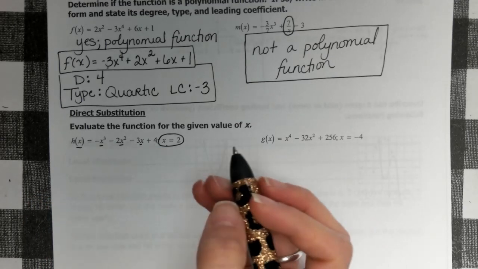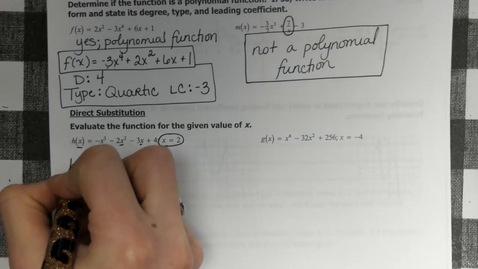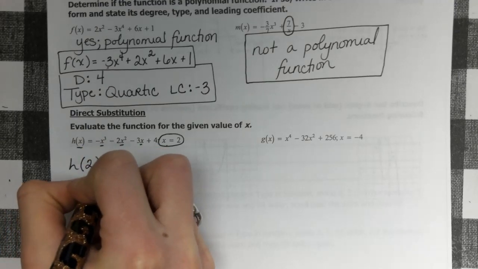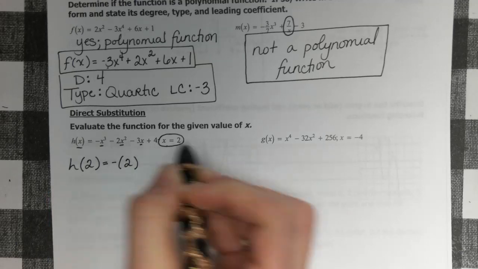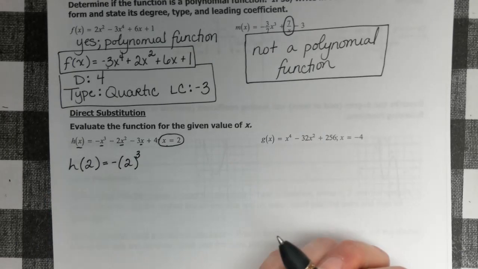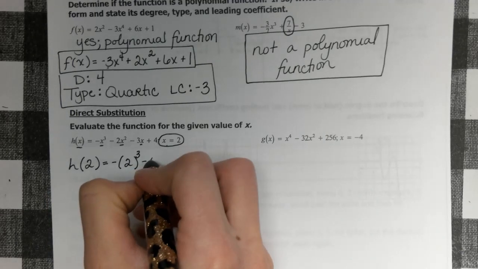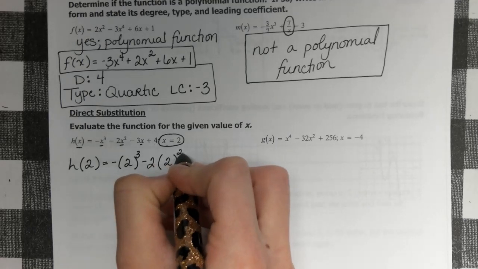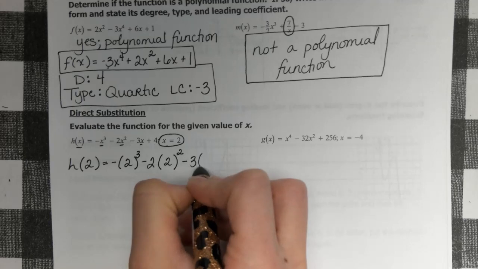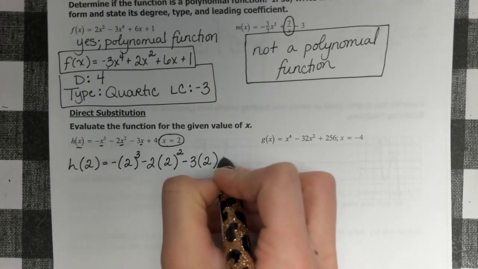And I expect to see you substitute that. So I'm going to have h of 2 equals negative, then in parentheses put your 2, and then put your cubed, minus 2 times 2 in parentheses squared, minus 3 times 2 plus 4.